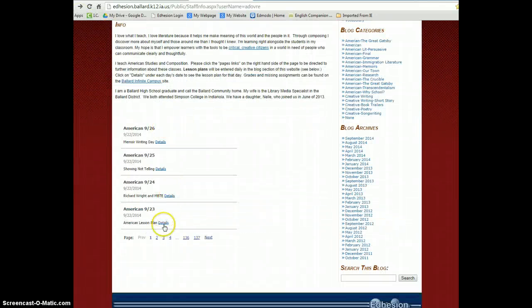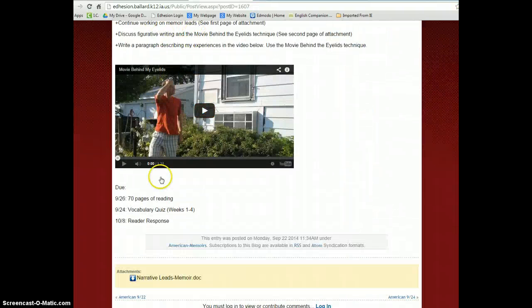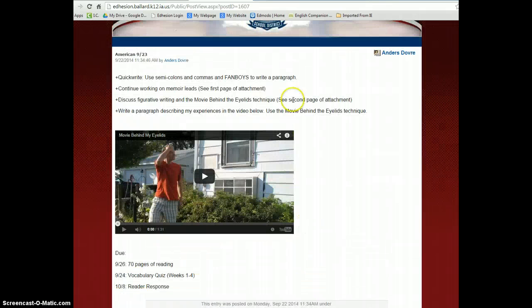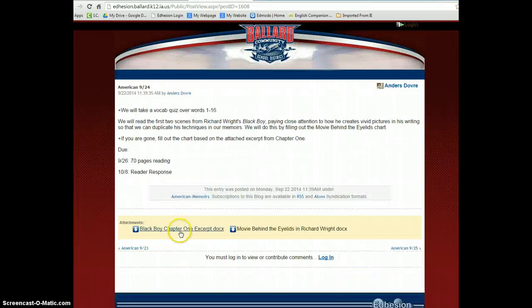Before that, we talked about movie behind the eyelids, and on the second page of this handout it talks about what movie behind the eyelids is. It's about slowing down your narrative and adding a lot of description. And so on Wednesday we read an excerpt of the book Black Boy and talked about how Richard Wright used movie behind the eyelids.